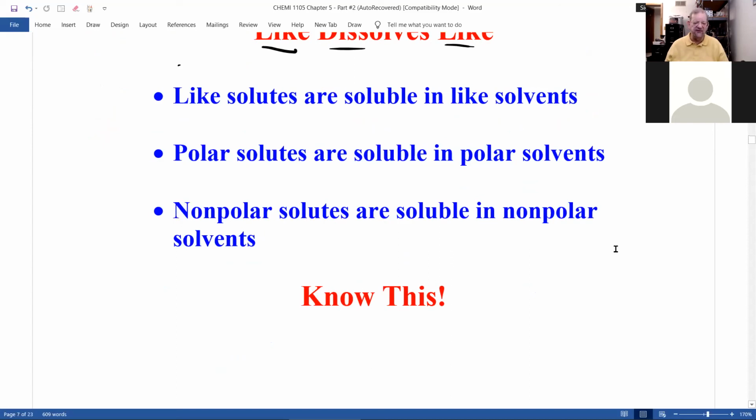And vice versa. If you take a nonpolar solute and mix it in a polar solvent, it's not soluble. Like dissolves like is polar solutes are soluble in polar solvents, and nonpolar solutes are soluble in nonpolar solvents. And even on the slide I have, know this. Boy, you should.